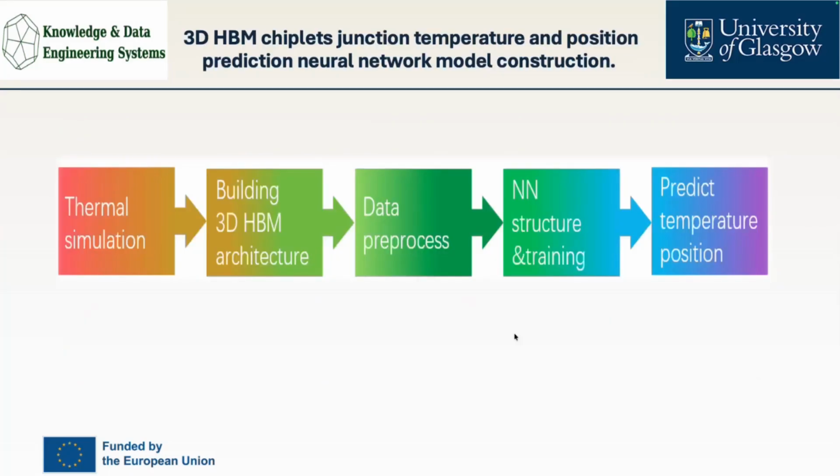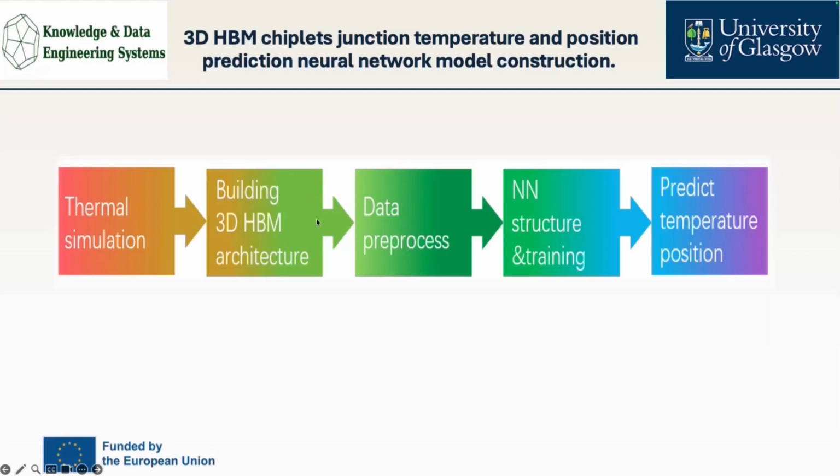First, when we apply AI-driven solutions or deep learning models for solving such kinds of problems, we need to have data. And the best source of data will be thermal simulations, such as finite element analysis to build a 3D hyperparameter architecture.